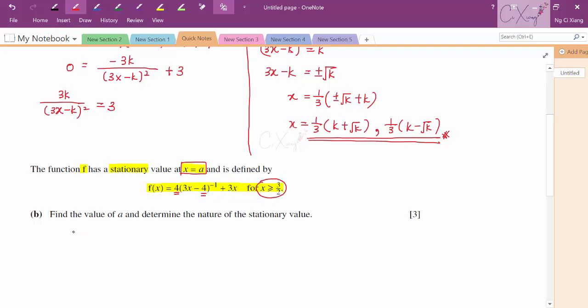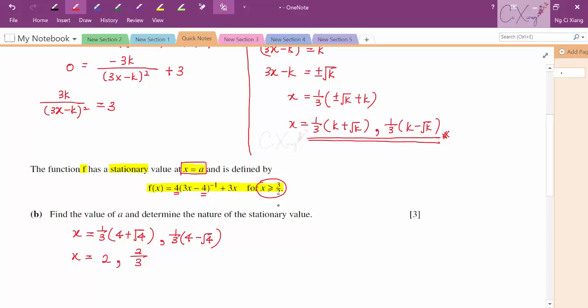Therefore, my value of x should be 1 over 3 times 4 plus square root 4. Another answer for x will be 1 over 3 times 4 minus square root 4. If you simplify all this, the first answer that we get will be 2. The second answer that we get here will be 2 over 3.